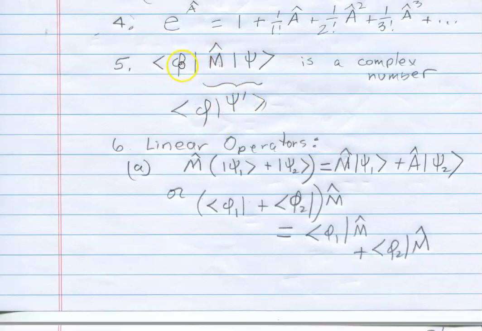So for a given matrix between state functions, a phi and psi, between a bra and a ket, you bracket it again, and what generally pops out is going to be a complex number.